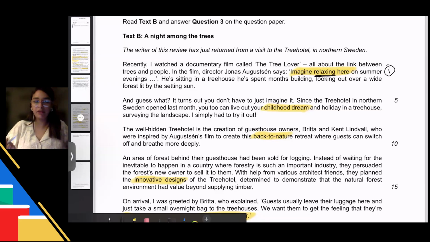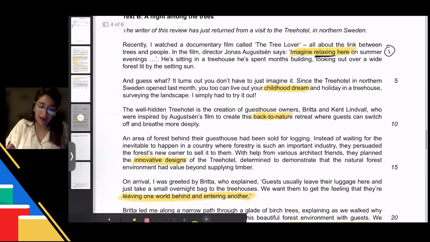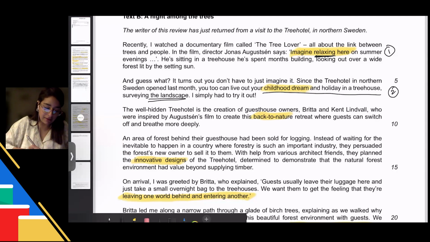So, the idea that it's something relaxing, point number one. And guess what? It turns out you don't have to just imagine it. Since the Tree Hotel in northern Sweden opened last month, you too can live out your childhood dream and holiday in a tree house. The idea of how this is something that is associated with childhood memories. Second point, surveying the landscape. So, this is something that you could highlight as another point, the idea of being close to nature.